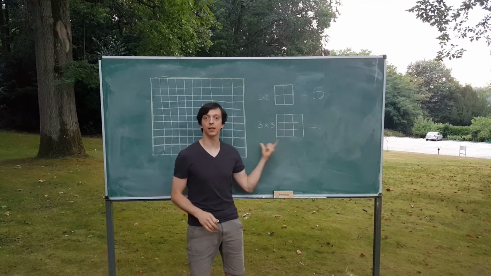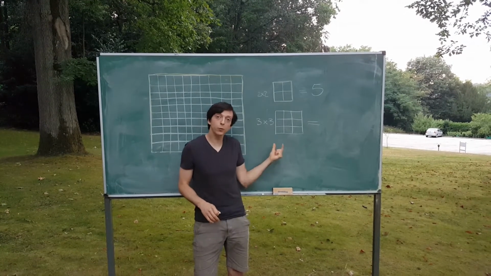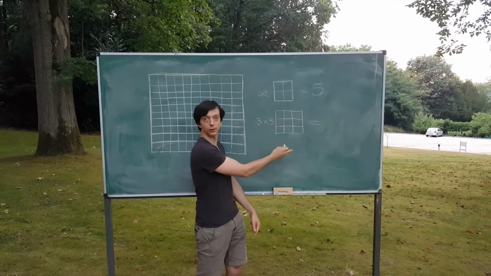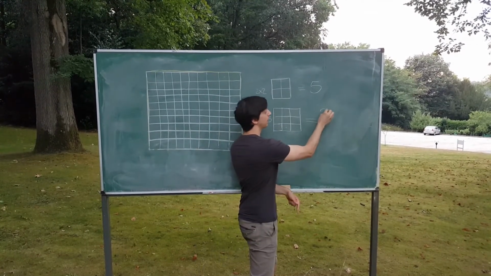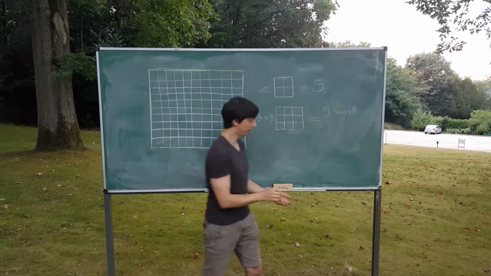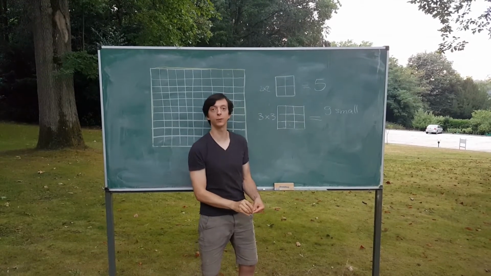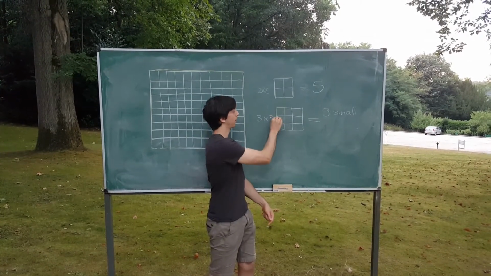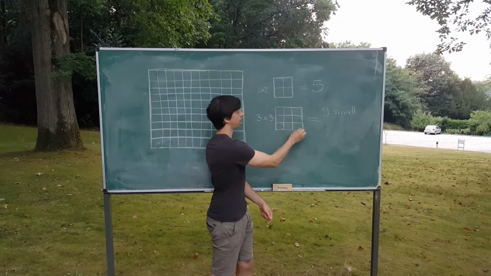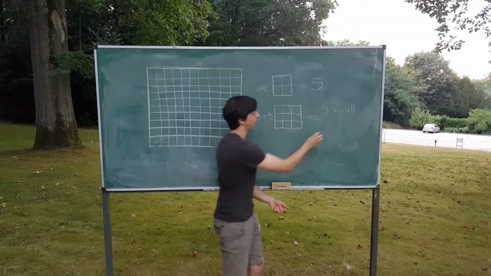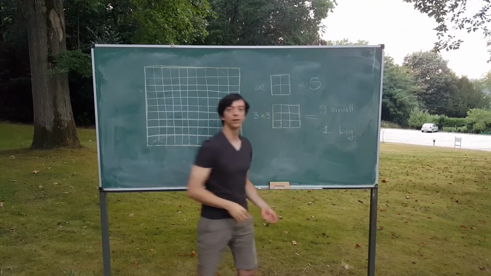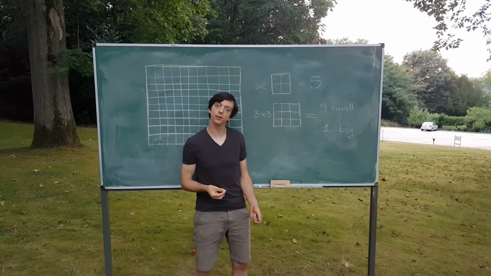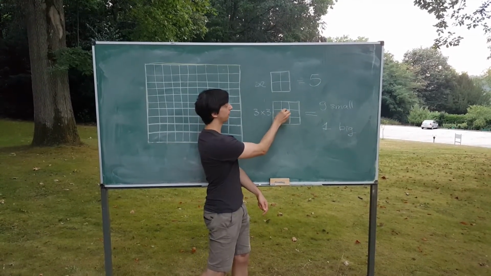I decided that I want to count the small squares first. This is easy to count. I have a 3 times 3, so that would be 9 small ones. But then, as we observed already, we have one big one, which is this one over here. So it's one big. But now, let me count the intermediate ones. So I have one over here.